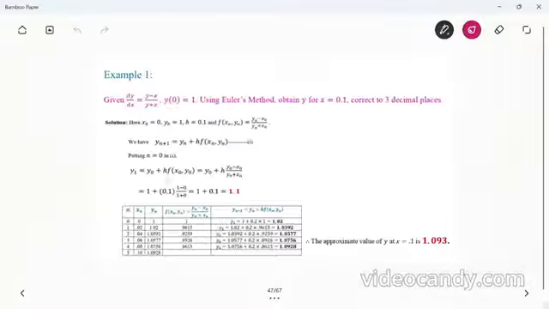So we have problem 1. The given condition is dy/dx equals (y minus x)/(y plus x), y(0) equals 1.